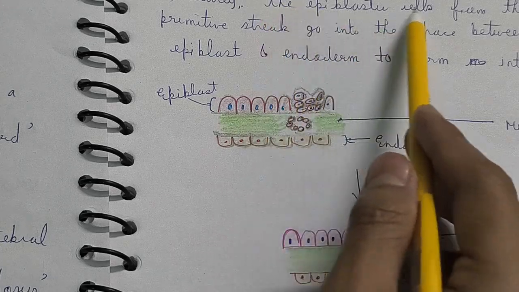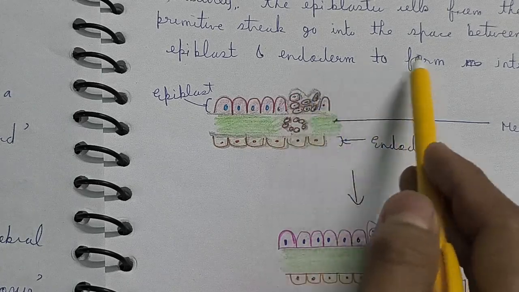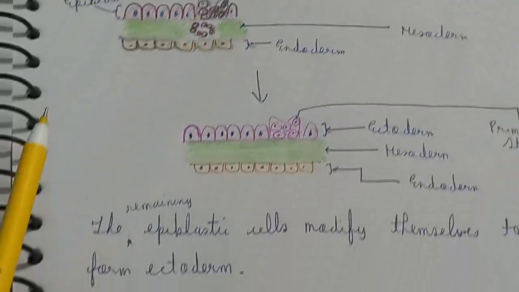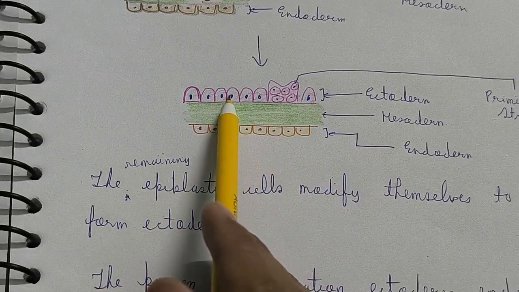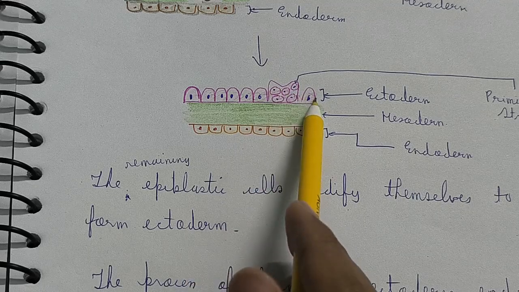Similarly, the epiblastic cells from the primitive streak go into the space between the epiblast and endoderm to form the intraembryonic mesoderm. Finally, the remaining epiblastic cells also undergo modification to form a new cell layer, the ectoderm.